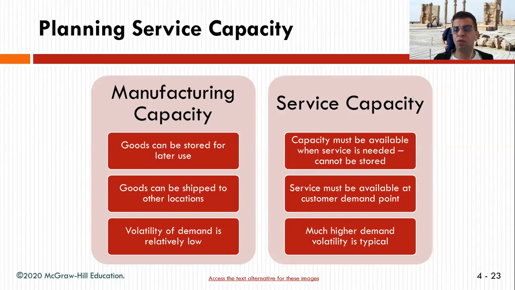But if you walk into a store and there are 5 people, 4 of them doing nothing, same scenario, then this is inefficient service. Not for you, for them, because they're putting in resources and they're wasting the resources. So the service must be available at the customer demand point.